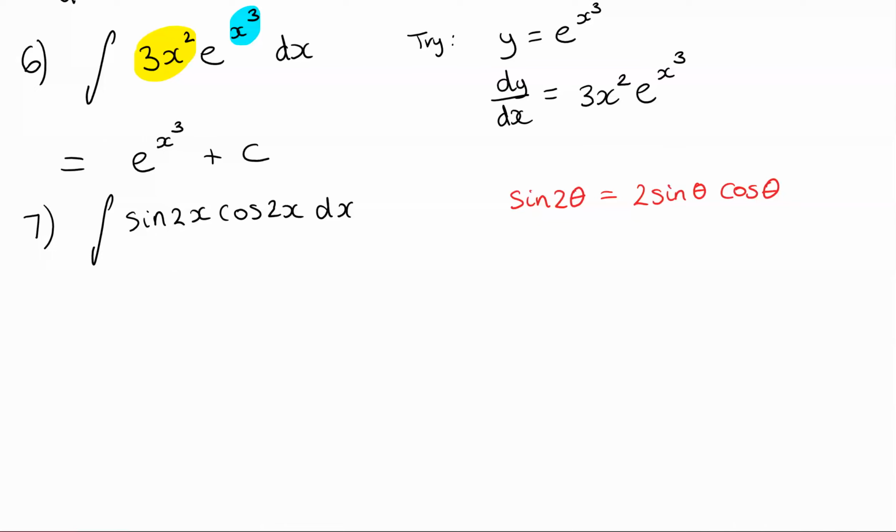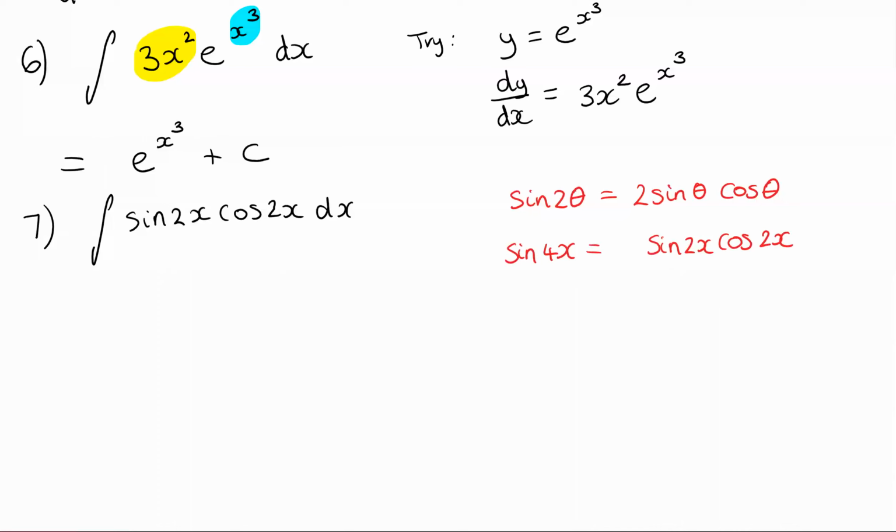So it's not quite in that form of 2 sine theta cos theta, but what we could say is, well, theta is, instead of just being an x, it's 2x. So what we've got is sine 2x cos 2x, so we'd have a sine 4x.